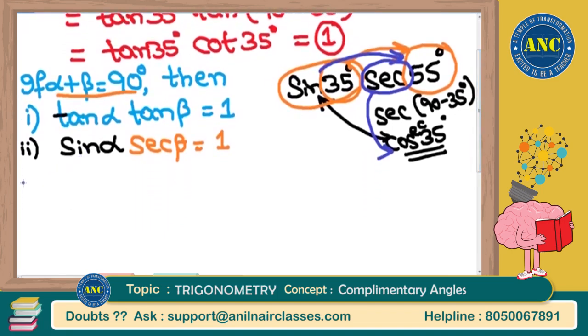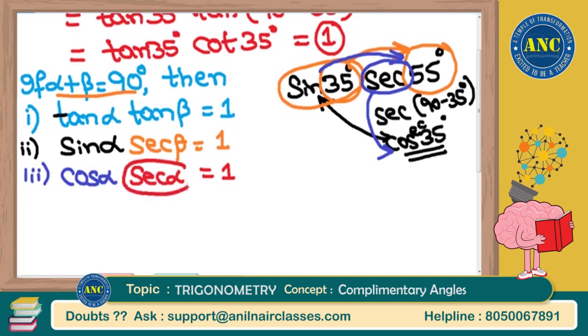Similarly, what are the other two pairs which will go hand in hand? If I write cos alpha, now think logically again, sir. Cos alpha means, for the product to become 1, I should get secant here. Cos alpha into secant alpha is nothing but 1.